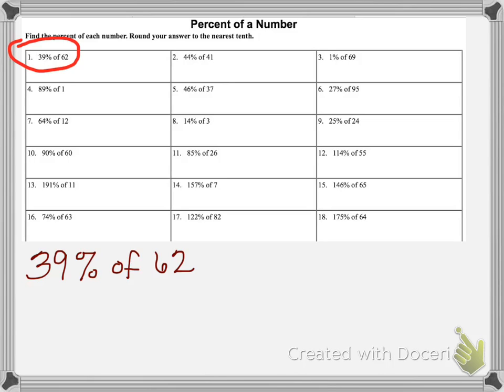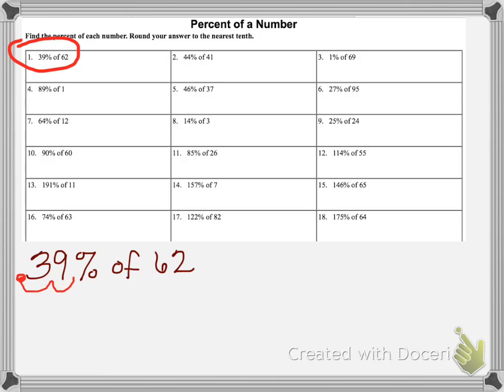So remember, before you can do anything, 39% has to be changed into a fraction or a decimal. And 39% doesn't change into a fraction easily, so you should use the decimal form. To write 39% as a decimal, remember what you have to do is move your decimal point 2 places to the left. So you go 1, 2, and there's your decimal point.